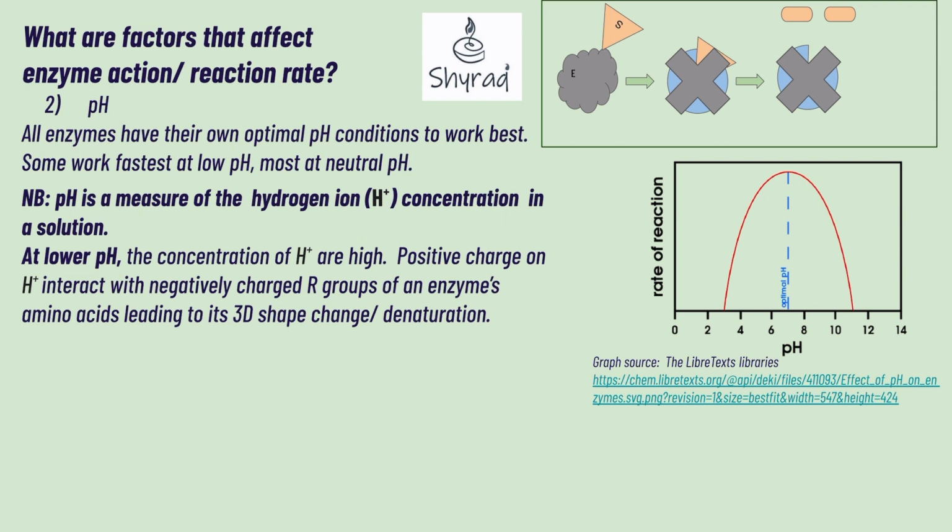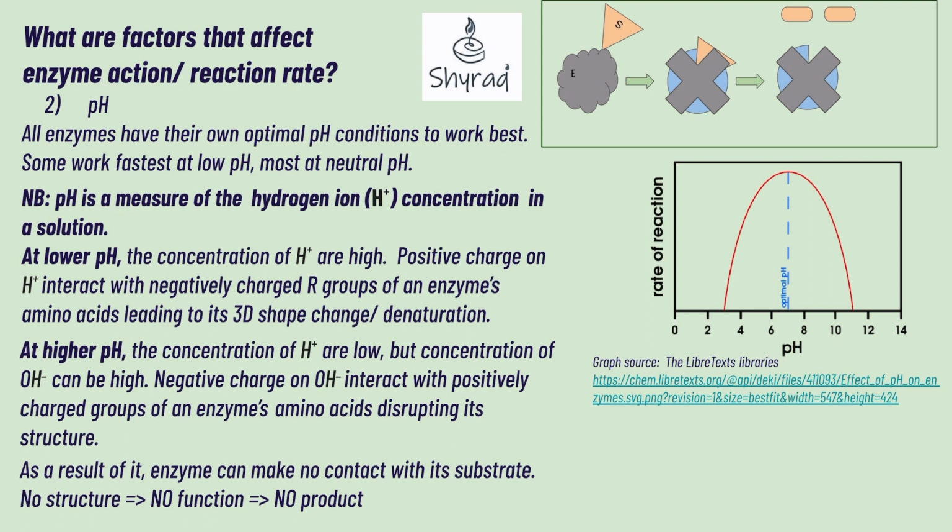Positive charge on hydrogen ions interacts with negatively charged R groups of an enzyme's amino acids, leading to its 3D shape change. At higher pH, the concentration of hydrogen ions is low, but the concentration of hydroxide ions can be high.